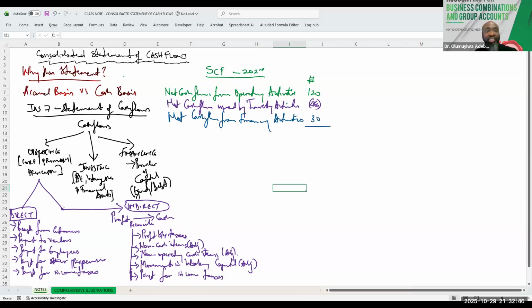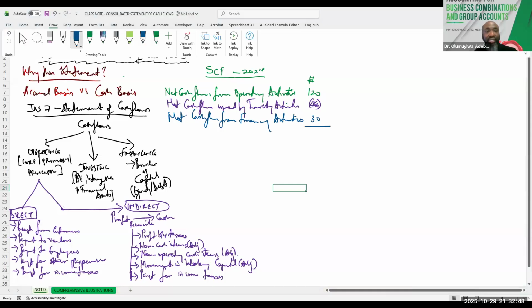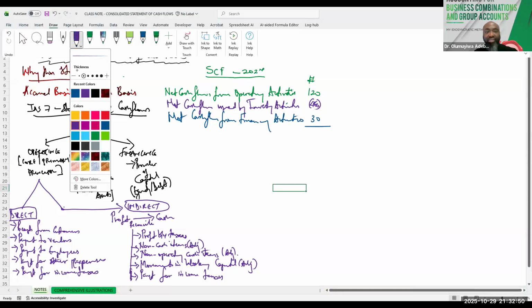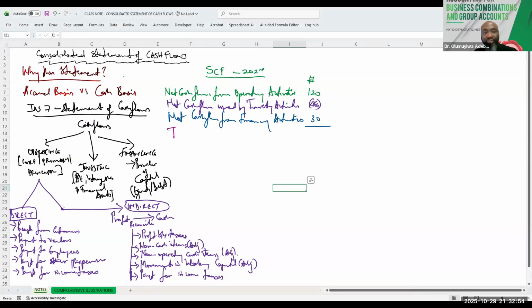The sum of these may give us an increase or decrease in cash. And in this case, it gave me one, that's 110, I guess.